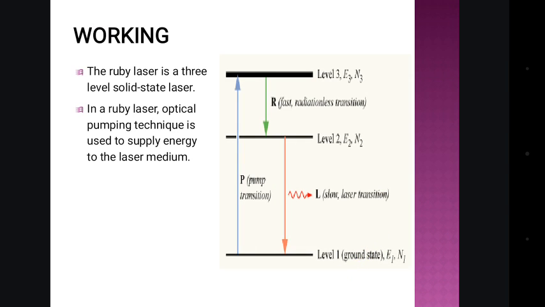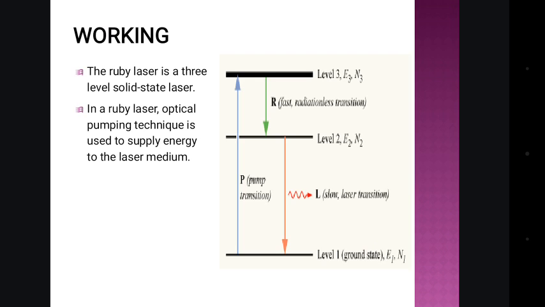Working. The ruby laser is a three-level solid-state laser, as shown in the figure. In the ruby laser, the optical pumping technique is used to supply energy to the laser medium.